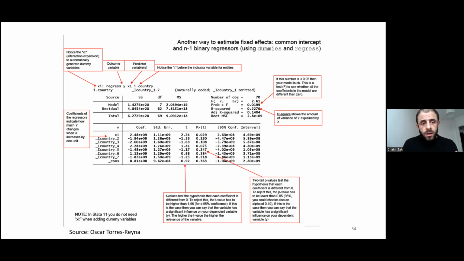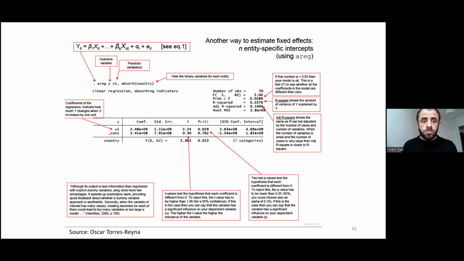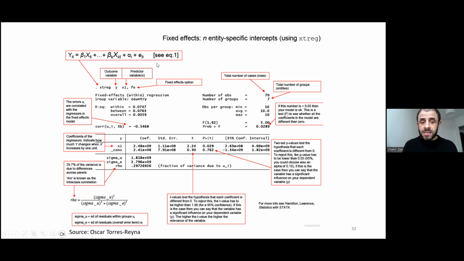Second, it's important to distinguish between what we obtain here in terms of the correlation between u and x, whether it has a value or it's zero. It has a value if we're talking about fixed effects, and it's zero if we talk about random effects.